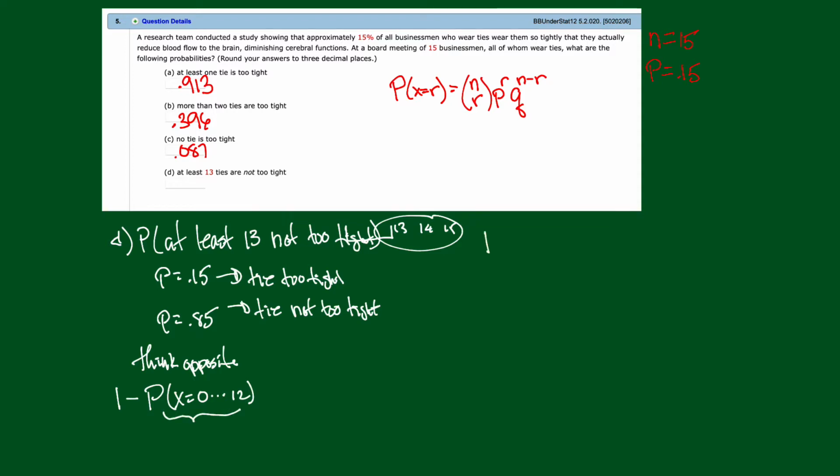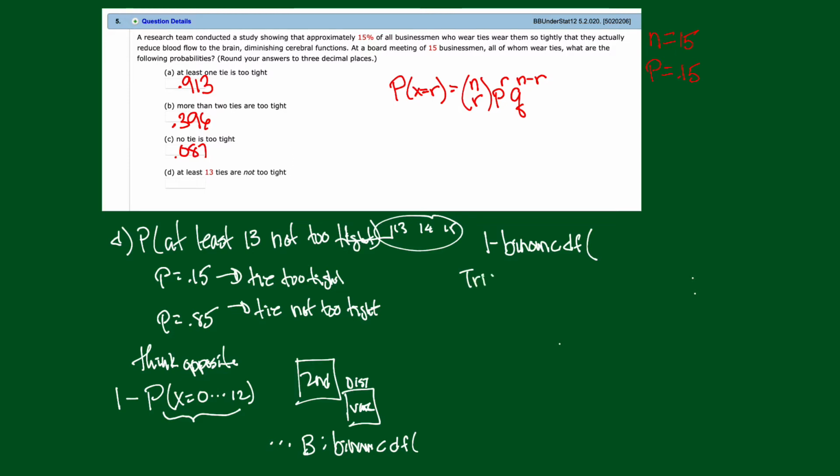So type in 1 minus binom CDF, right? C because we have a collection. And how do you get it? Second, VARS. That's where distribution is. Scroll down to B, and that's where you get binom CDF. It will come up trials. We have 15 trials.